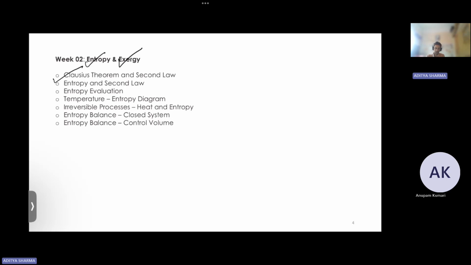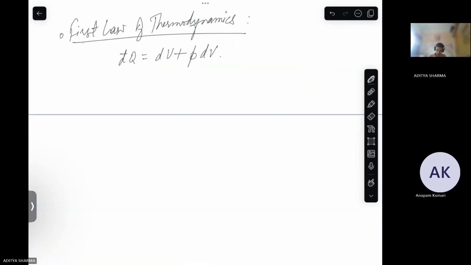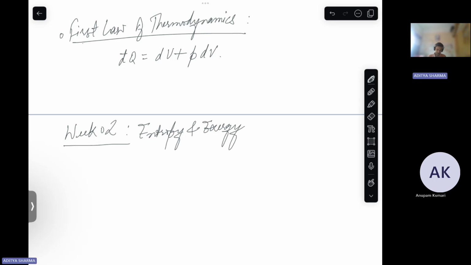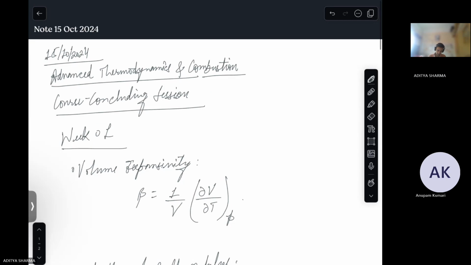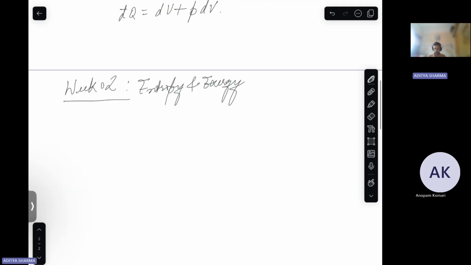It says that if we have some cyclic process, this is your week two, right? Entropy and exergy. So it says that, your Clausius, what does it say?